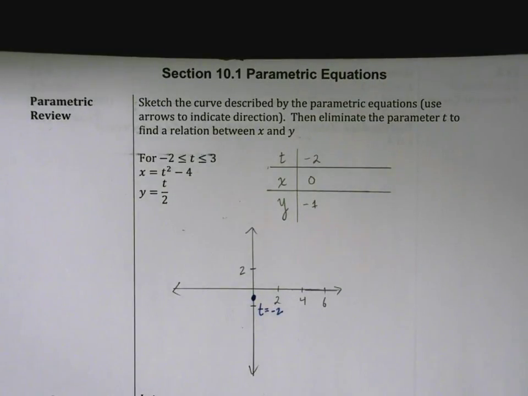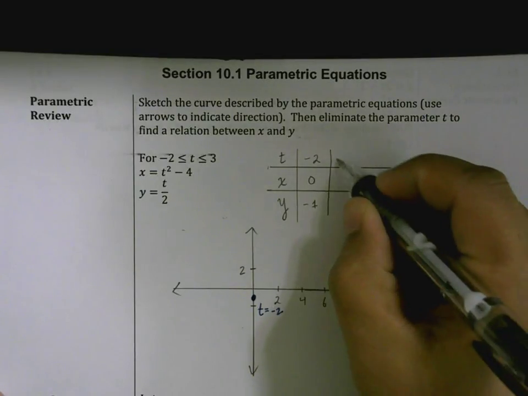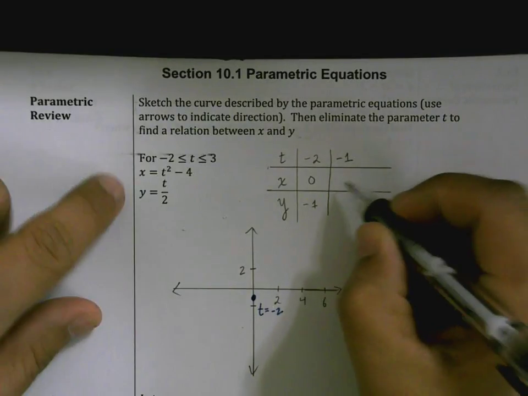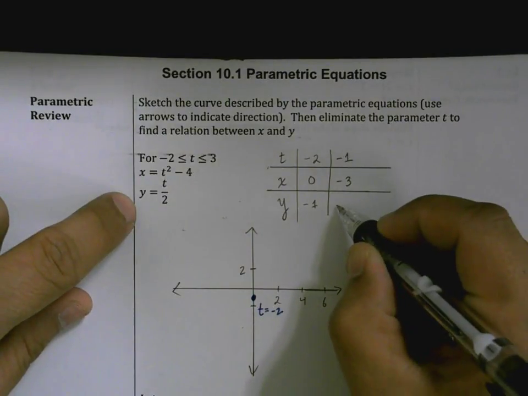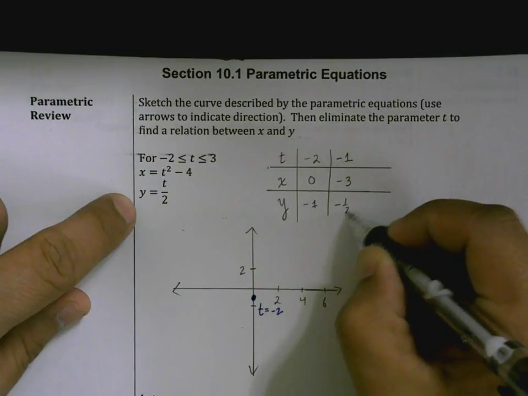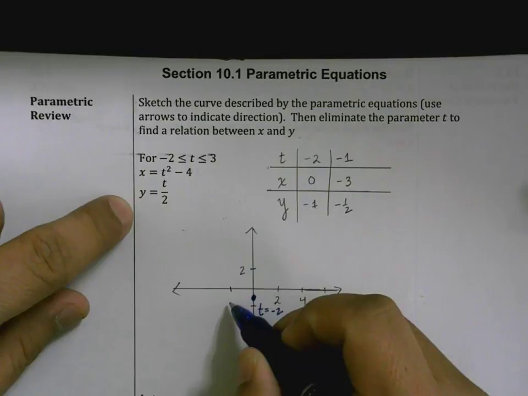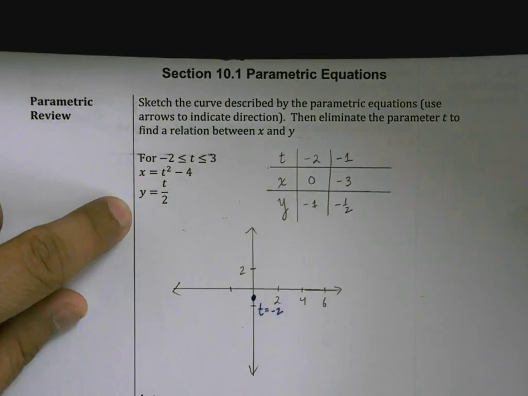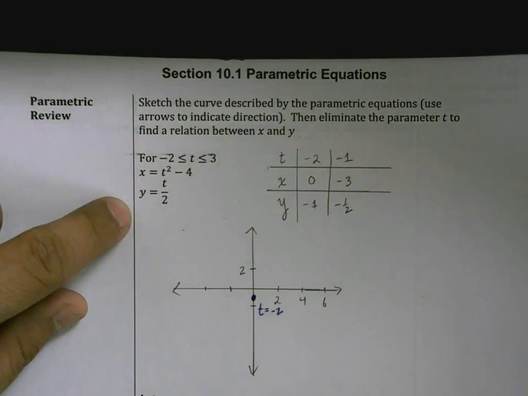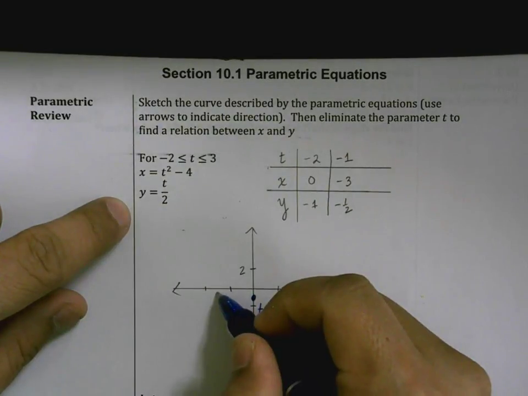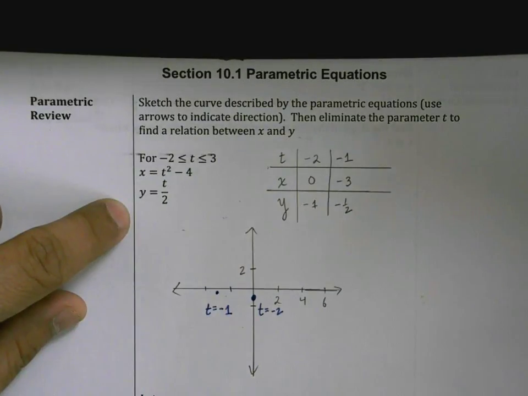And then if we keep on going, let's see. If t is equal to -1, then x is going to be equal to -3, and y is going to be equal to -1/2. So it's like this is -2, this is -4, -3, -1/2 is right here, and that's where t is equal to -1.